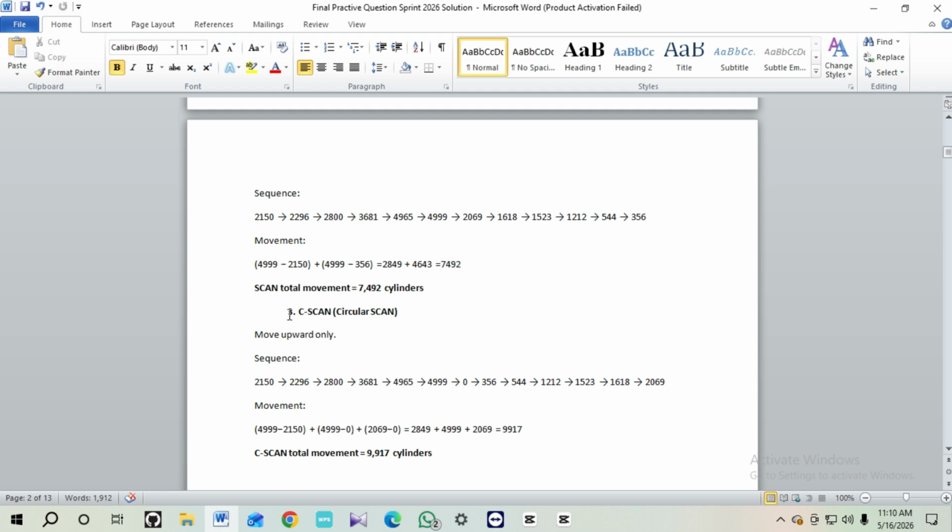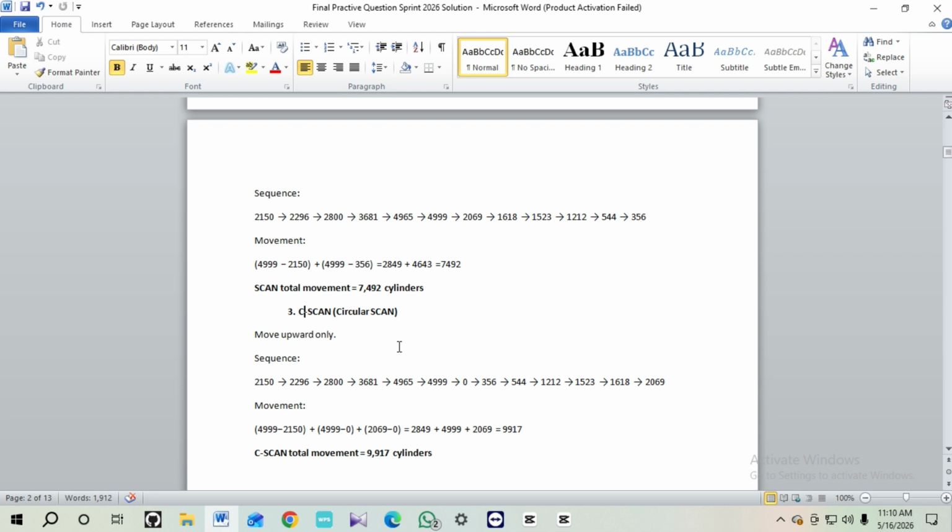Now we see the C-SCAN movement. In this movement, the disk cylinder head goes only in the upward direction. Now how can it reach the lower numbers? It goes all the way to the top, 4999.